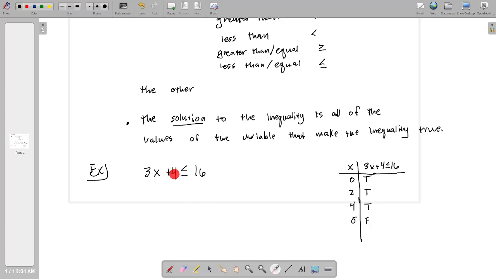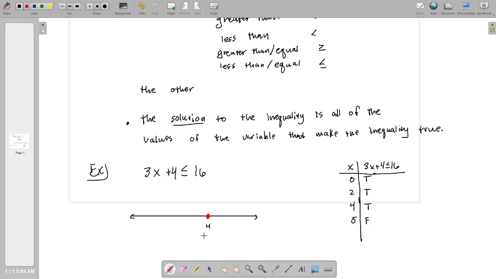Well, at 4, this is the largest value that this side can take while still being less than or equal to 16. So if we draw a number line here, you can say at 4, this will be the largest value that x can take, so that 3x + 4 is less than or equal to 16.